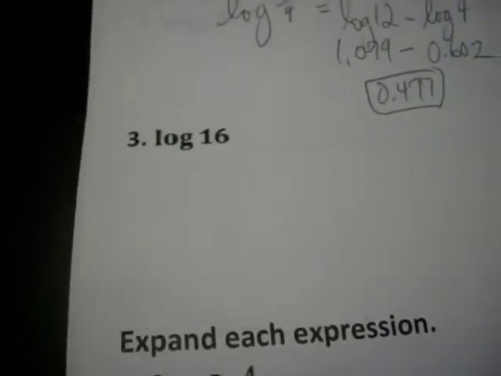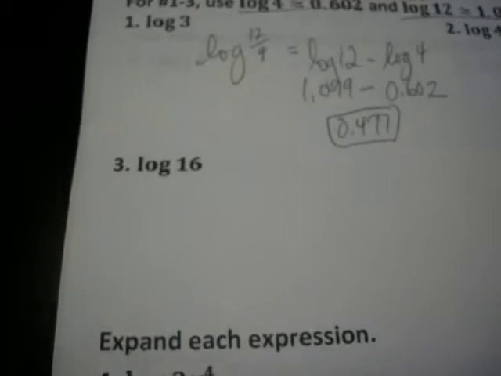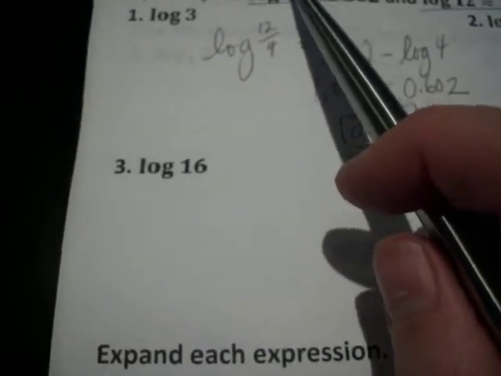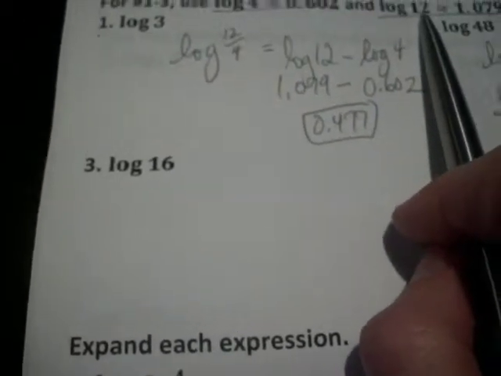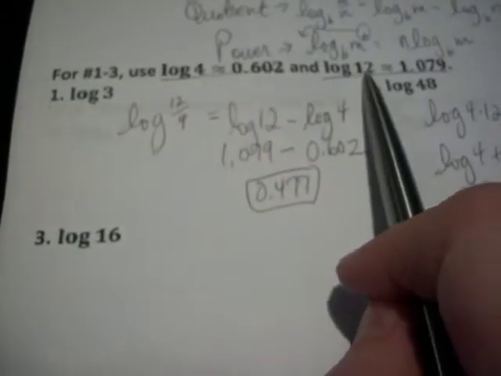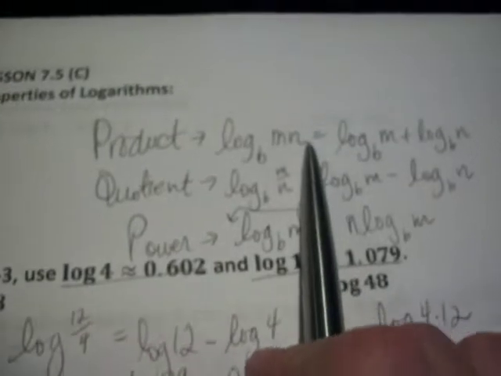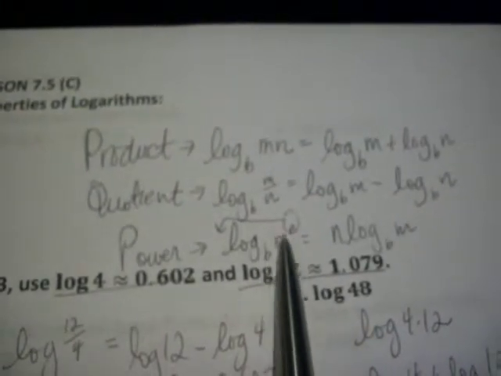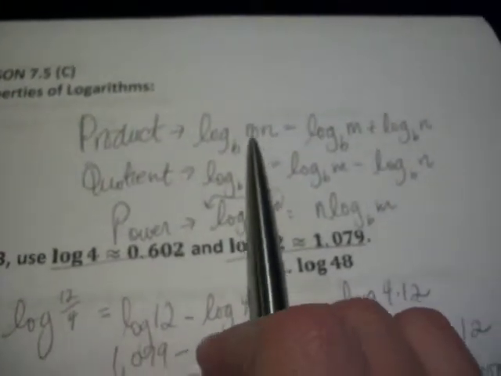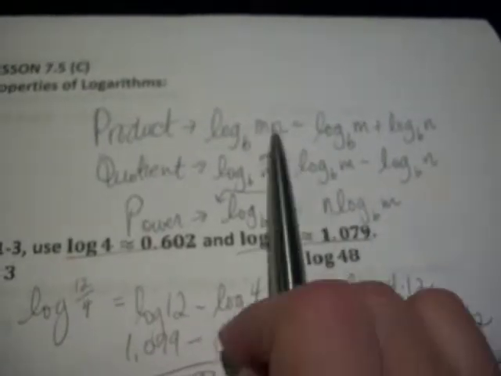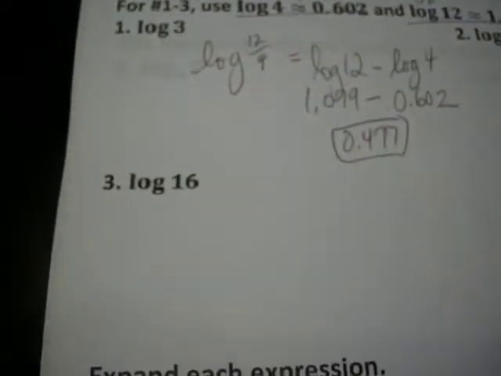Last is 16. Now be careful. This is a little bit of a trick because yes, it's true that 4 plus 12 is 16, but if you look up here, this is a product, this is a quotient, this is a power. None of those are plus. It turns into plus, but none of them start off as a plus. So I can't do 12 plus 4.